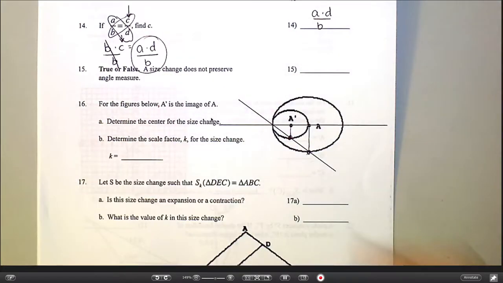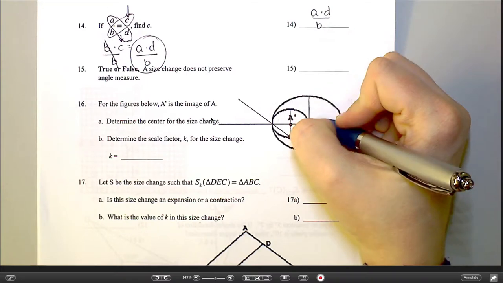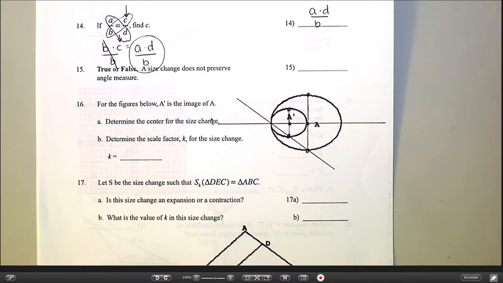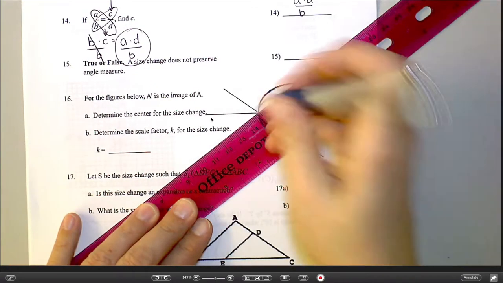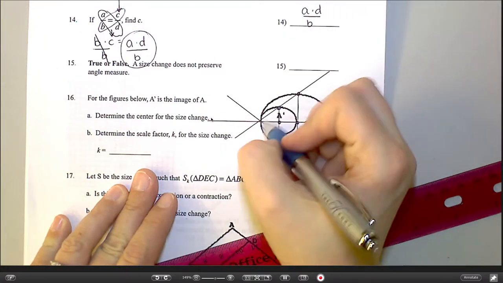Okay. I could also go straight up and straight up and connect those two. But what are you noticing about where that center is going to end up? It's on the edge. What else is true at that point right there?